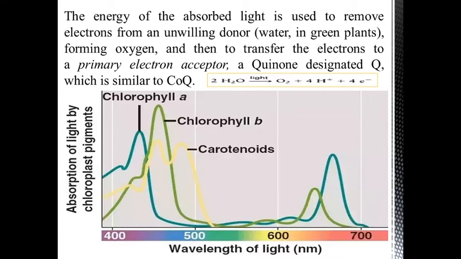Now the absorbed solar energy, sunlight, taken by the antenna complex, is transferred towards the core complex, and the core complex decides one chlorophyll molecule out of the 40 to 60 chlorophyll molecules, and transfers the absorbed light energy to it. In every chlorophyll molecule, the outer orbit has two electrons.